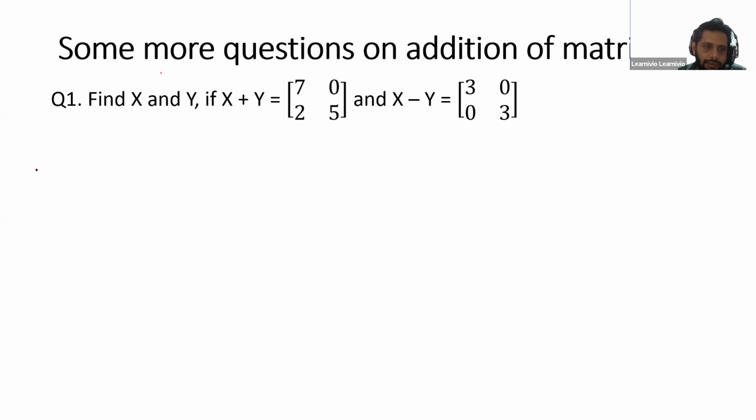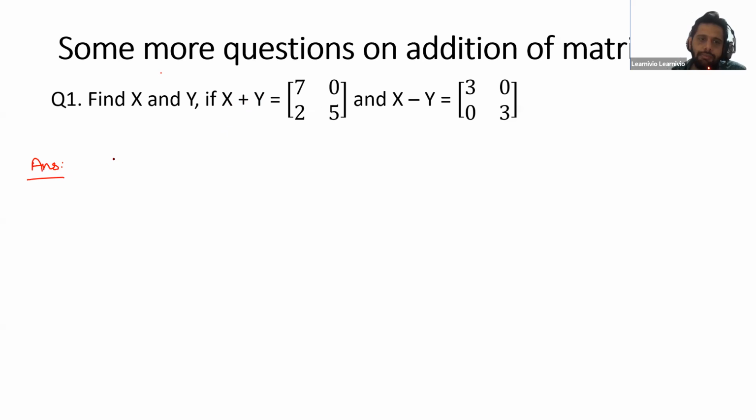Now I will start on this. So Huzefa and Abdul, please check here. In class 10, you have done a chapter on linear equations in two variables. So what you normally do in these types of cases, suppose this is a question of linear equations, you just try to solve the linear equations.